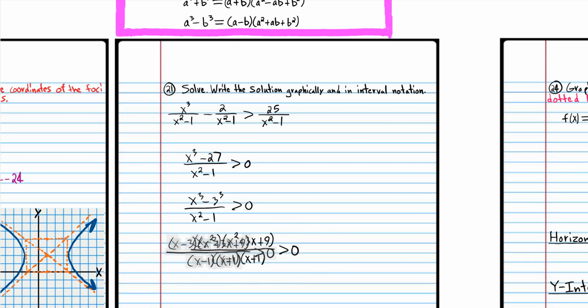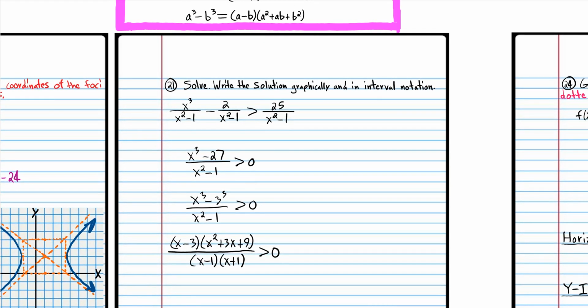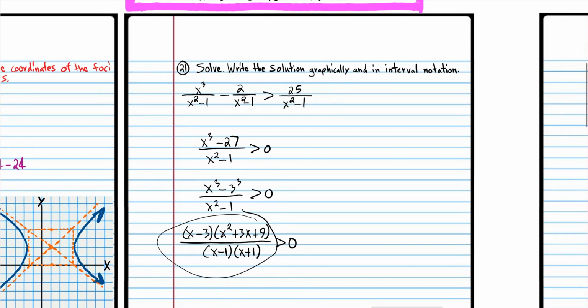So the reason that we did that is because by factoring, we're going to see the x-intercepts of the corresponding graph and the vertical asymptotes, and those are the potential places where this expression changes sign. Why do we care about where it changes sign?